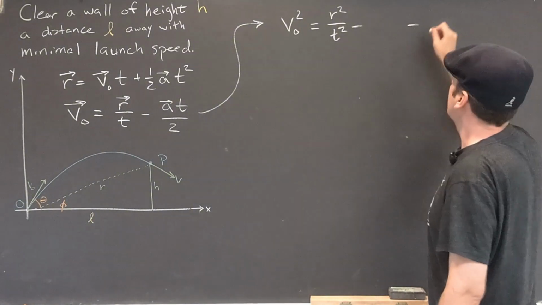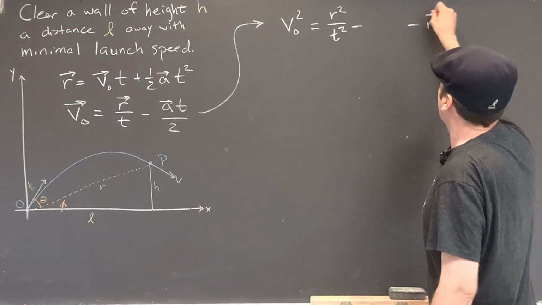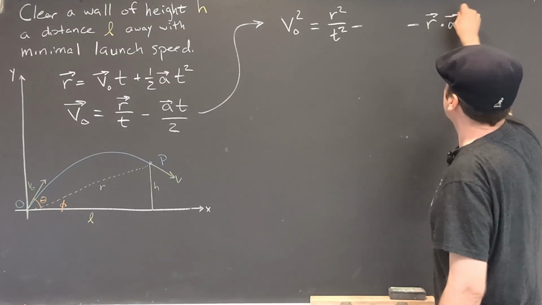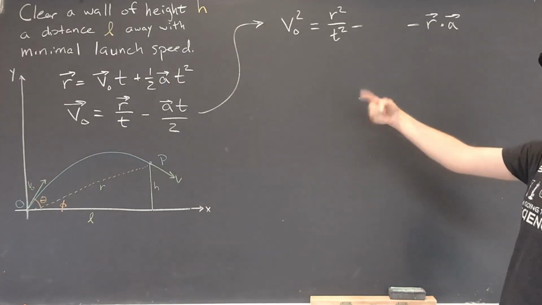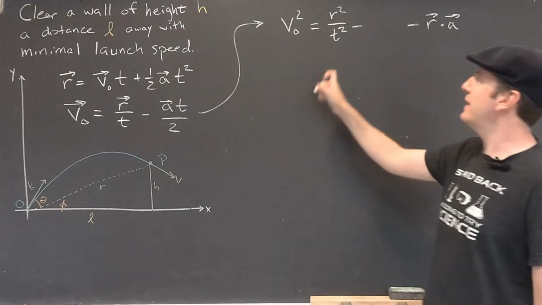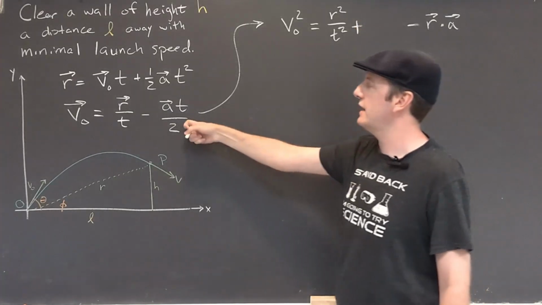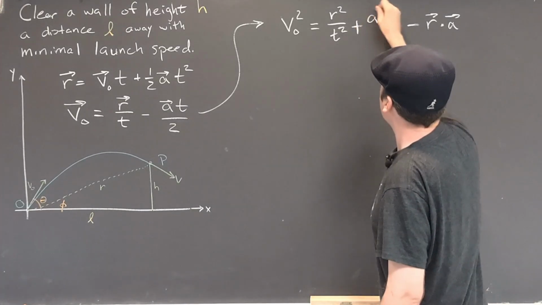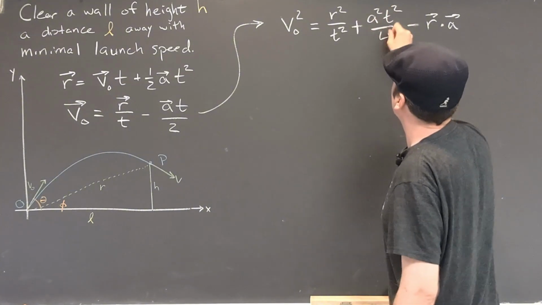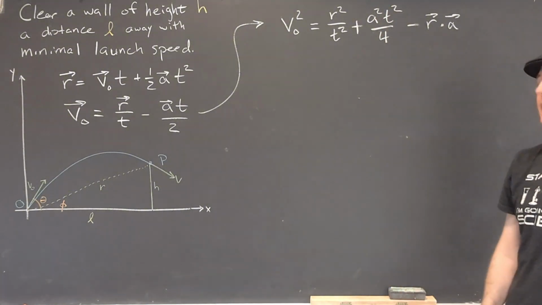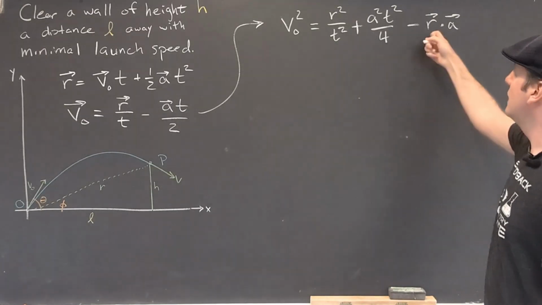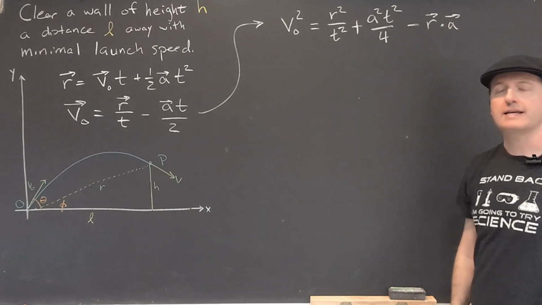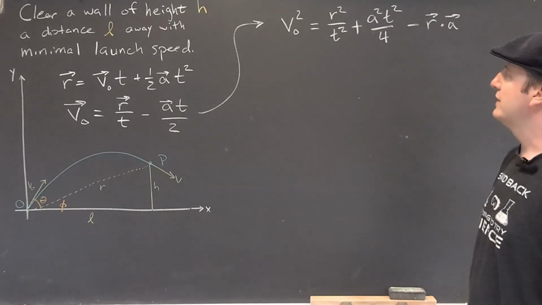So minus r dot a, that dot product of those two vectors. The t's cancel out, and the 2 cancels when I do the cross terms. And then I'm going to put my other term right here, which is the last term squared. That'll be a squared t squared over 4 when I square that out. Notice that everything we have here now is a scalar. I do have a dot product of r and a that we'll handle in just a second.